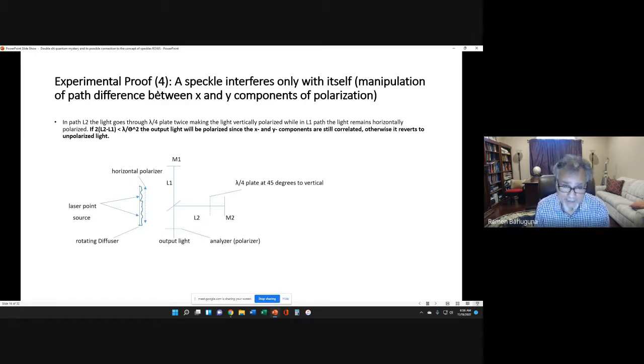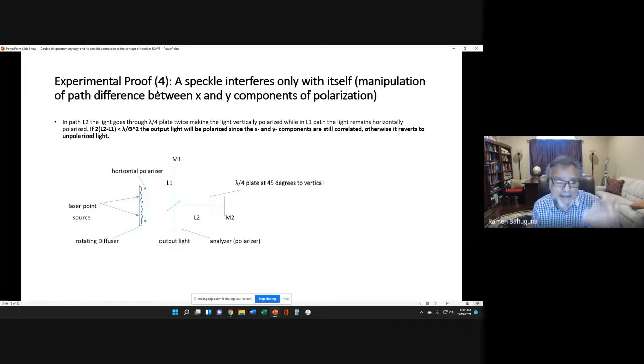But how much greater? If the path difference, that is 2 times (L2 minus L1), is greater than the longitudinal speckle size, you cannot get polarized light because they are not correlated. If it's less than the longitudinal speckle size, they're correlated and you get polarized light. So vertical and horizontal combined together give you polarized light.